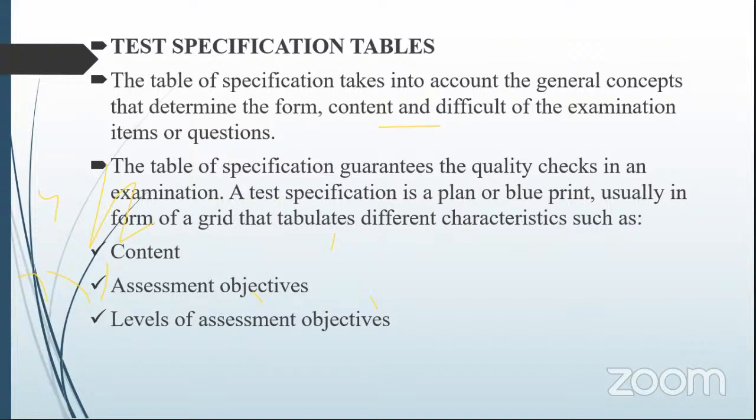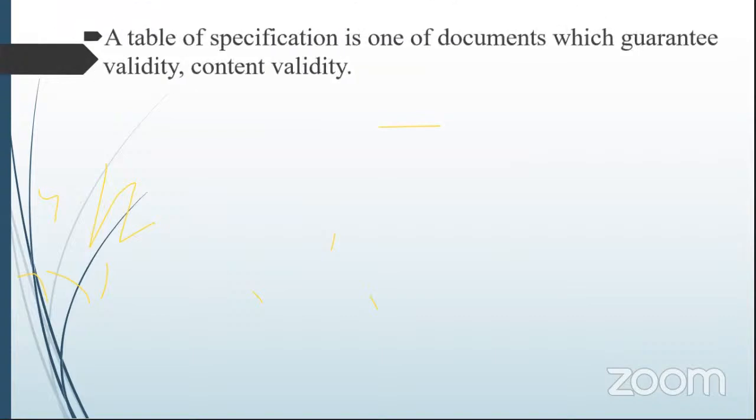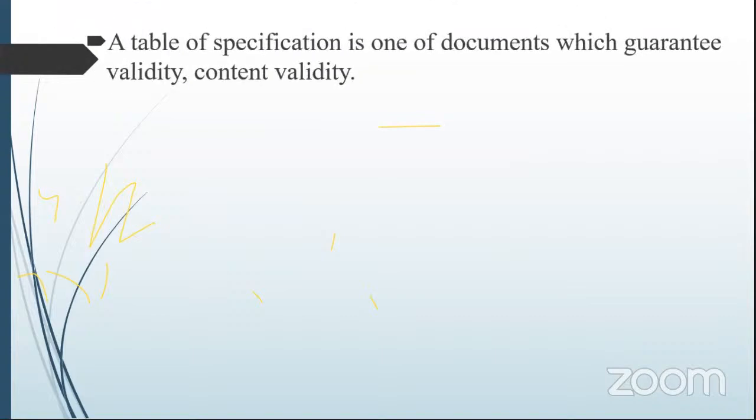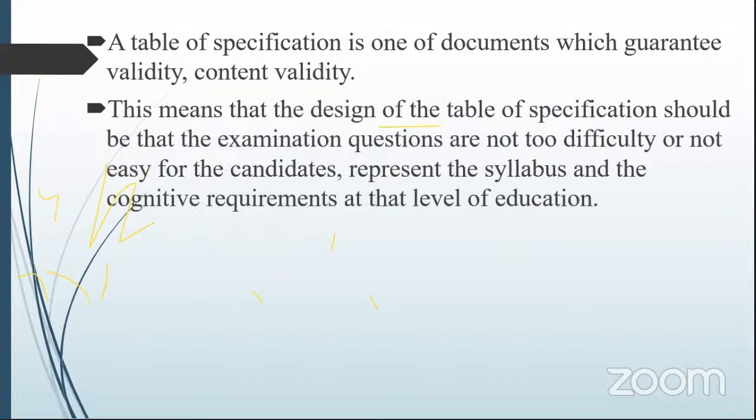It should give the assessment objectives, the levels of assessment objectives, number of items under each content. So we are saying a table of specification is one of the documents which guarantee validity, content validity.